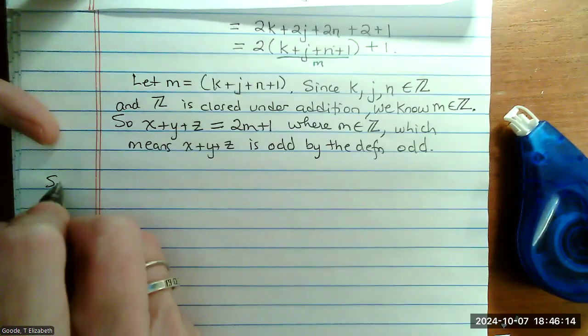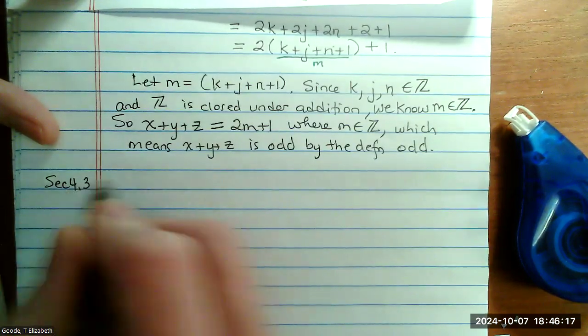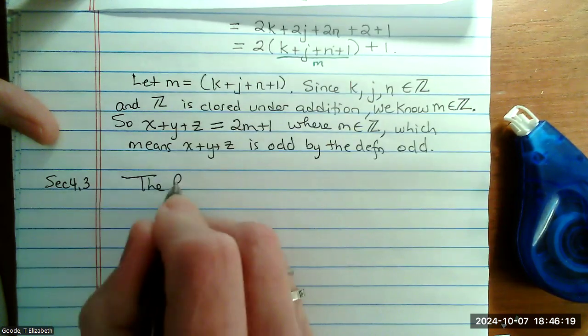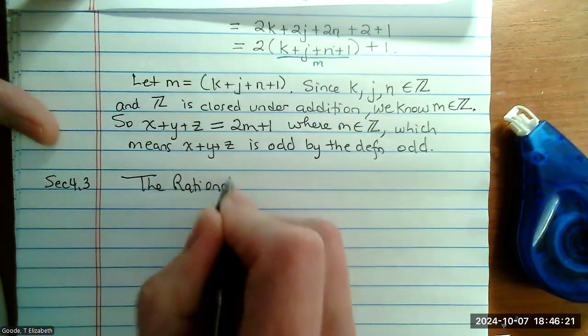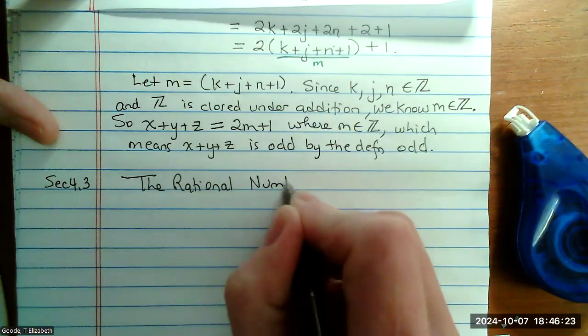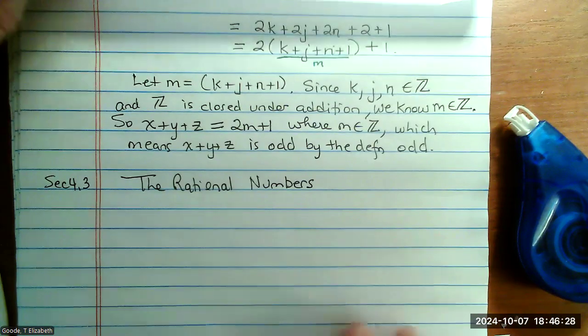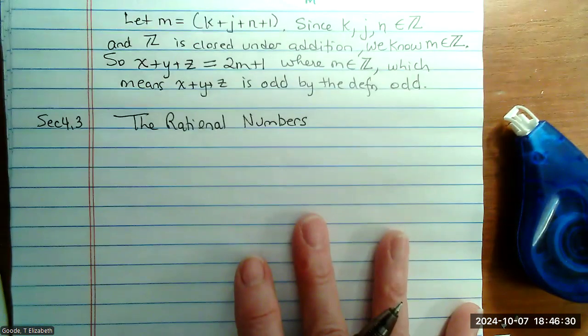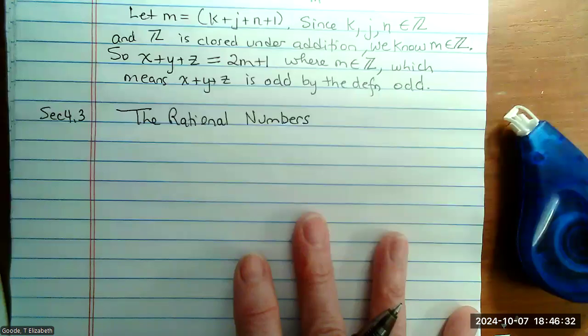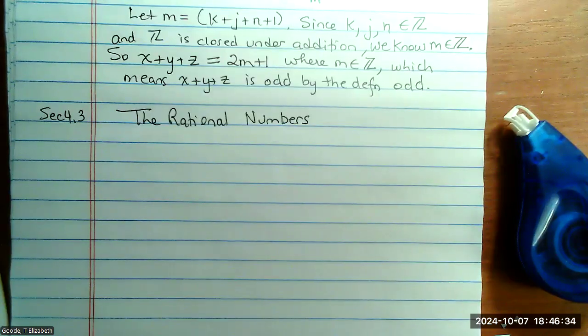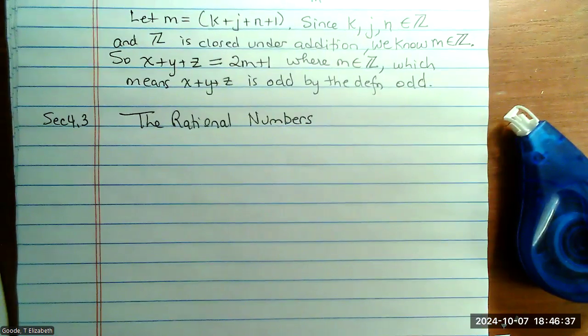All right, so we're going to go ahead now and move into section 4.3, the rational numbers. Every real number is classifiable. We can classify it as either rational or irrational. And that's kind of a nice thing. And depending upon where you went to high school, you may have learned a different definition of rational and irrational than we're going to use tonight.